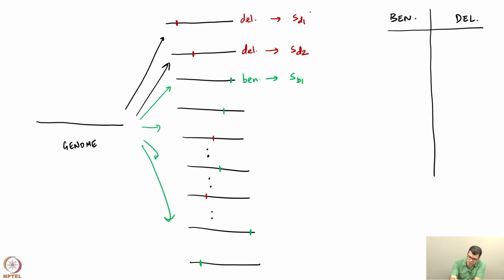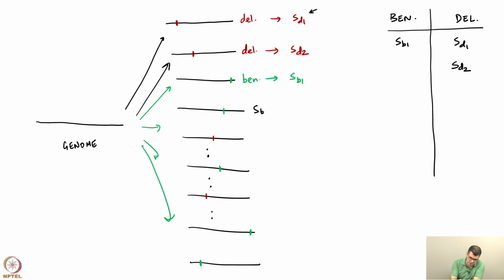So, we will start with the first one. This was a deleterious mutation whose effect was SD1. So, I write SD1. Next one was also deleterious, its effect was SD2. So, I write SD2. The third one is beneficial and its effect was SB1. So, I write it in the column of SB1, and so on and so forth.